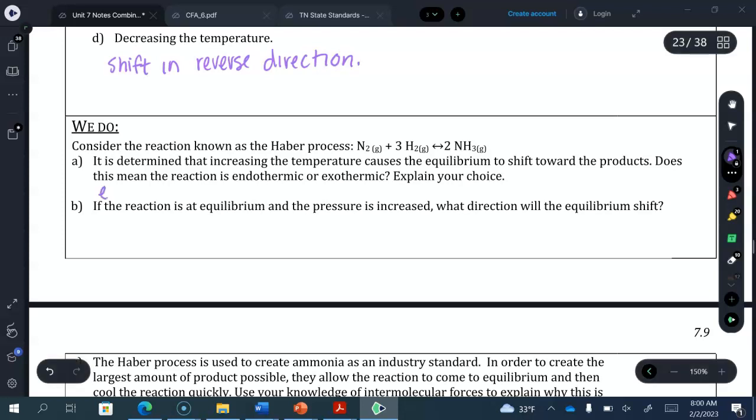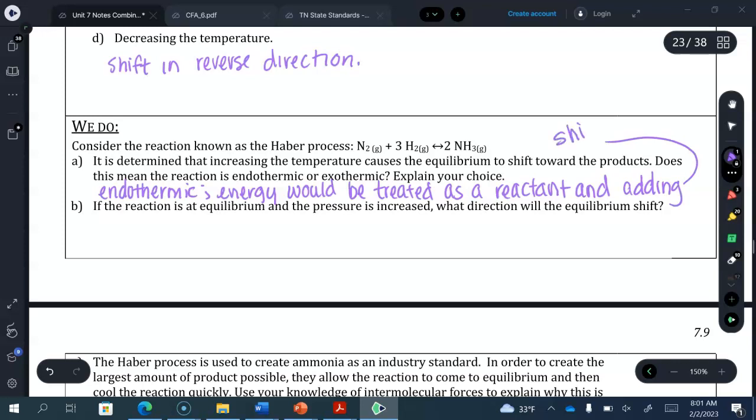Okay, so you should have gotten that this is an endothermic process, and this is because adding energy shifts forward.